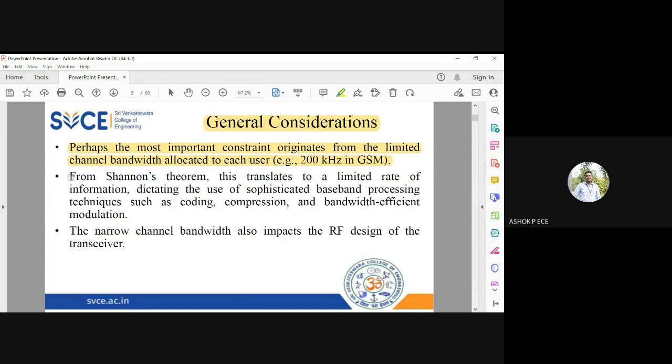And you know that bandwidth is going to relate to data transfer. So how many kilobits per second or how many megabits per second I'm going to transfer using the channel bandwidth allocated to me. When that comes into the picture, you need to use coding, compression, and bandwidth efficient modulation. So all these circuits will come into the picture.